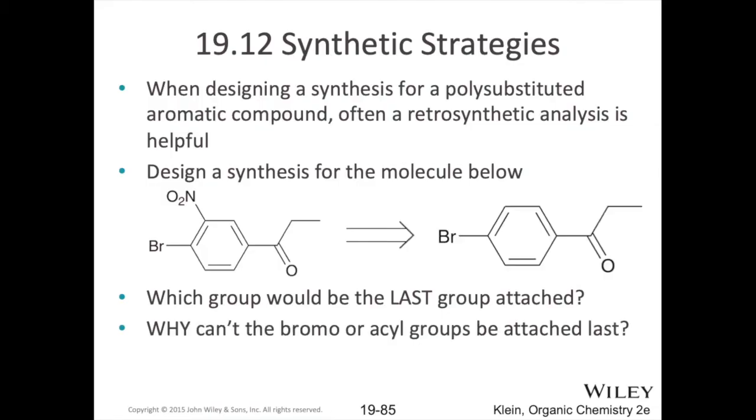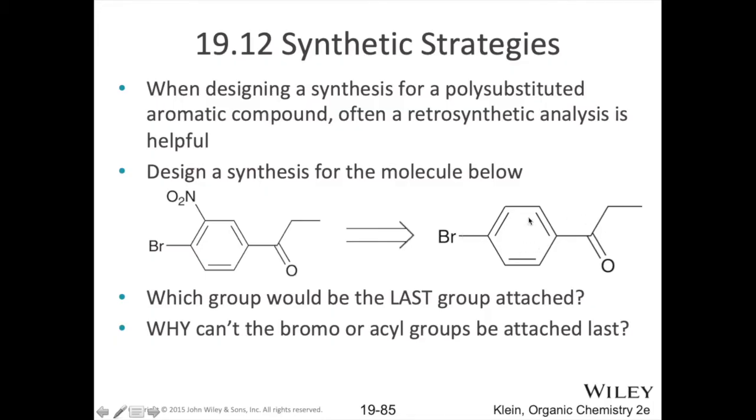All right, so this is probably what we've got right there. It makes sense that we don't have the nitro group on here and try to add one of the other groups later, because that nitro group would interfere with that. It's too deactivating. Now let's keep working backwards. Out of these two groups, which one must have been added in the previous step?